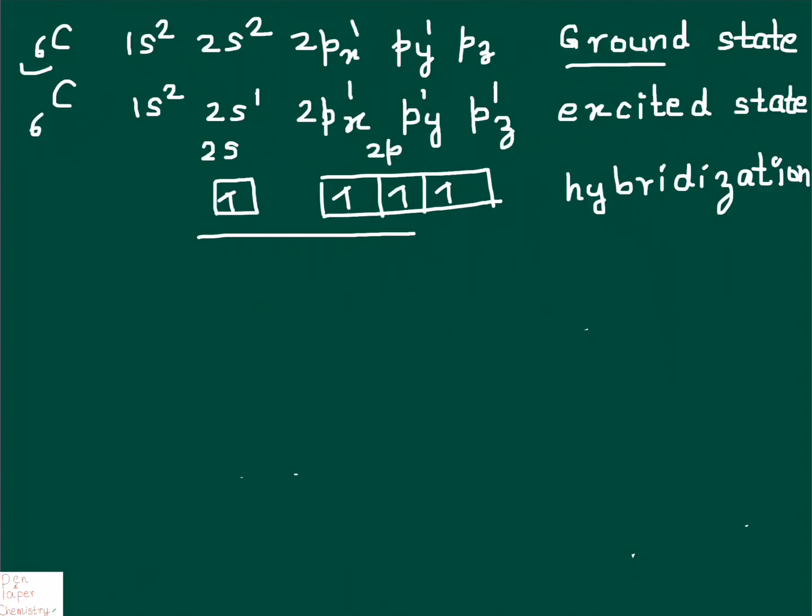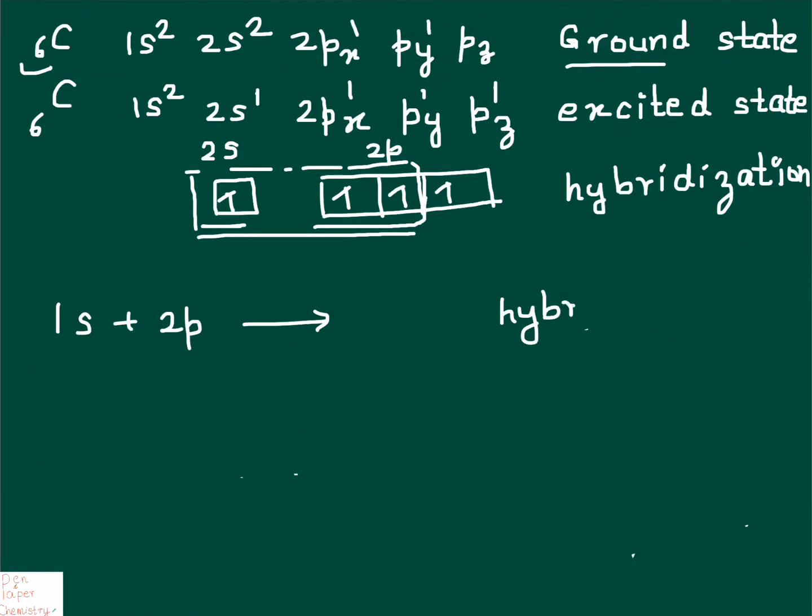Now, here 2s and 2p, one s orbital and two p orbitals come together and they form something of an intermediate. So, one s and two p orbitals coming together form a new type of orbitals, and those new orbitals are called hybrid orbitals.